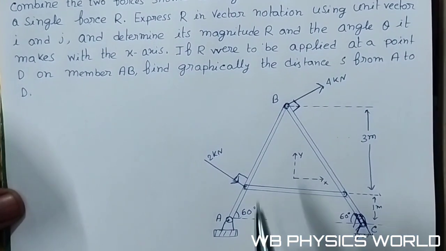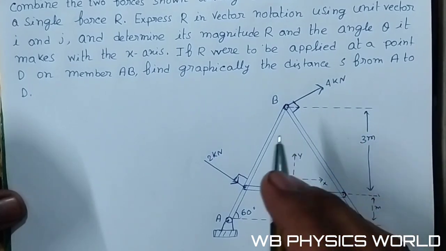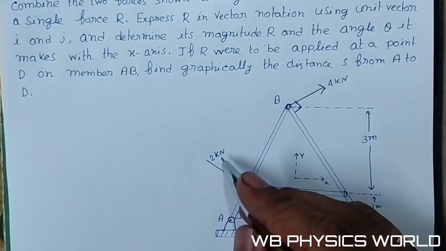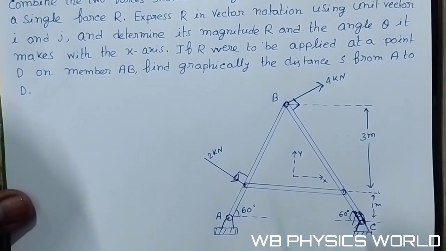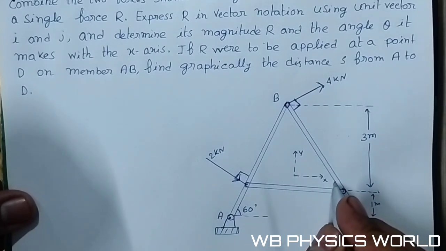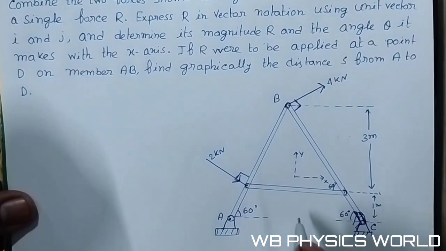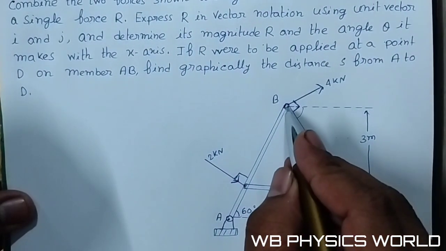Here we have a 4 kilonewton force acting in this direction and a 2 kilonewton force acting in this direction. Now this angle is 60 degrees.